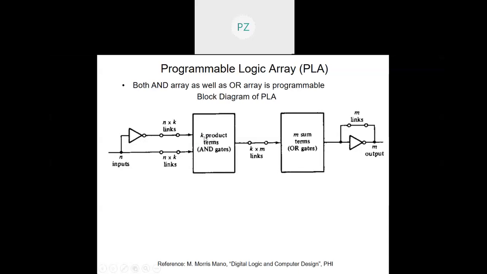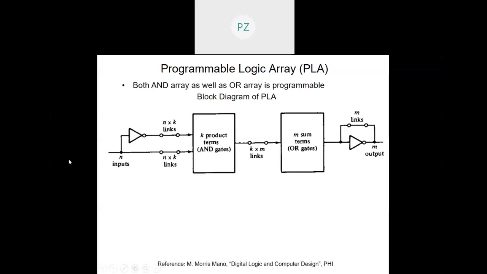In fact, k will be less than or equal to 2 to the power n. So I'll provide to those AND gates either the n inputs in true form or the inverted form of those n variables. I'll take the example, then things will become more clear.